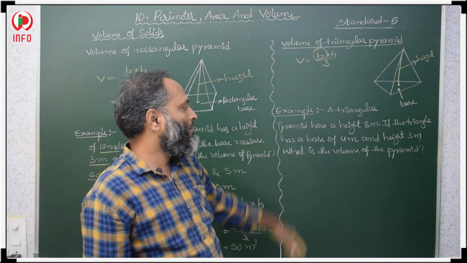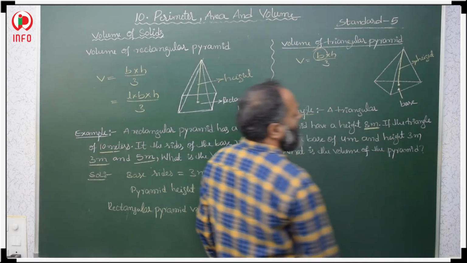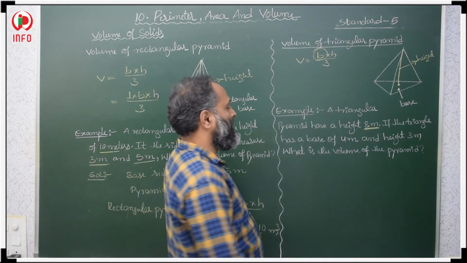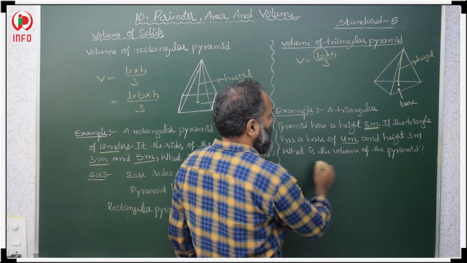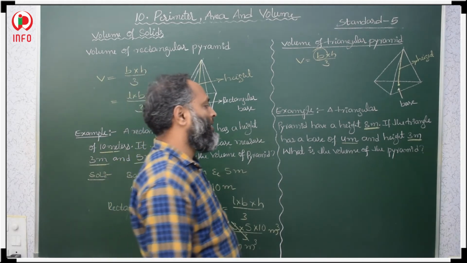For that, one example is given: a triangular pyramid, height is given, and it has base 4 meters and height 3 meters. Then what is the volume?